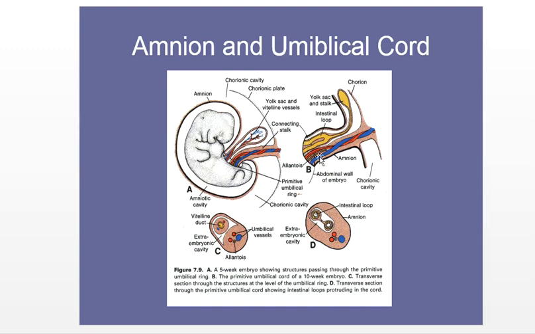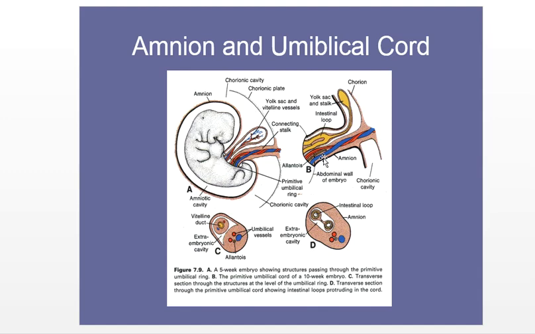You can see here the connecting stalk containing the allantois and abdominal umbilical vessels consisting of 2 arteries and 1 vein, the yolk sac, yolk stalk or vitelline duct with vitelline vessels, and connecting between the intraembryonic coelom and extraembryonic coelom.